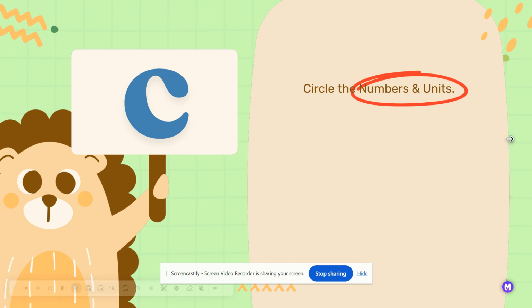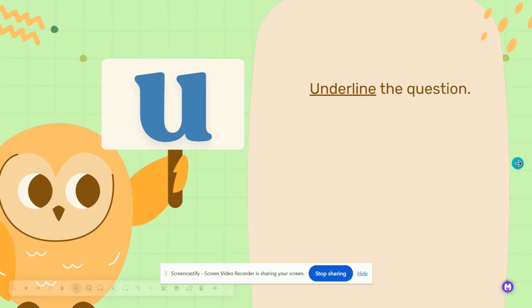The next letter is U. That stands for underline the question. So underlining the question means that sometimes it's really important, and by sometimes I mean every time, it is really important to make sure that we know what the question is asking. A lot of the problems on STAAR are very wordy.